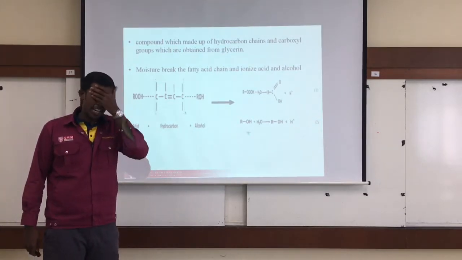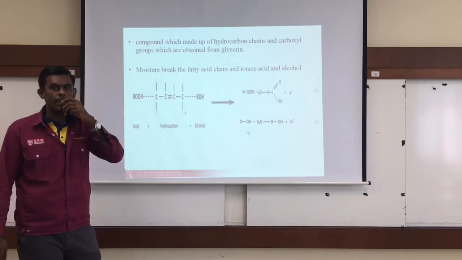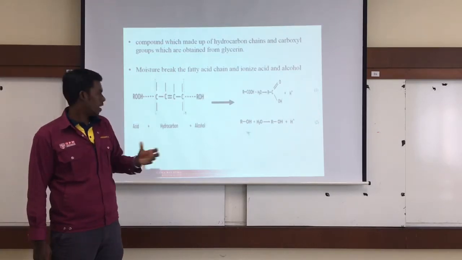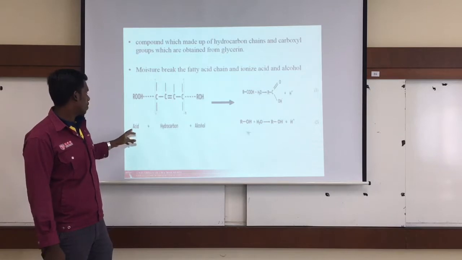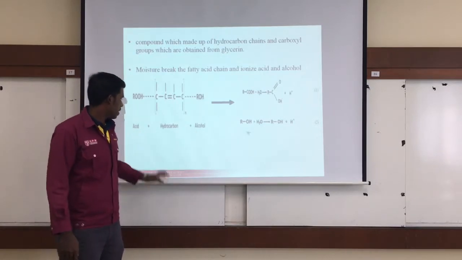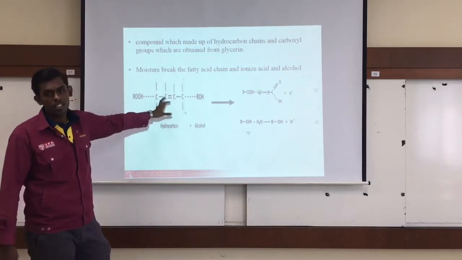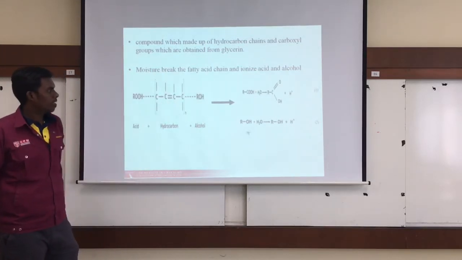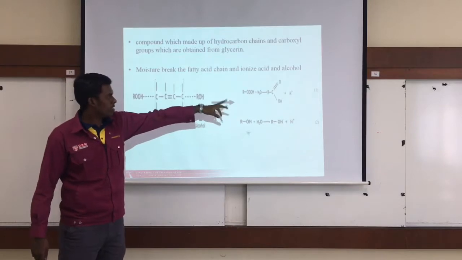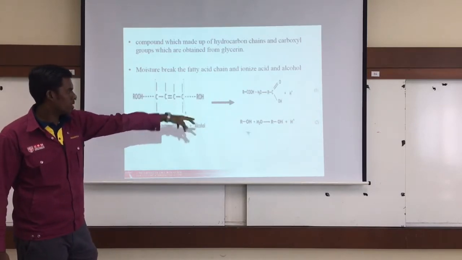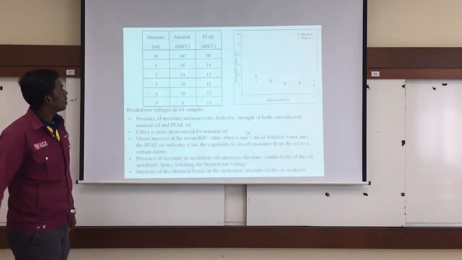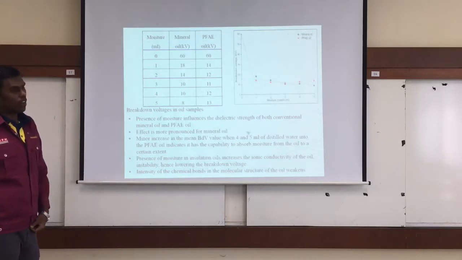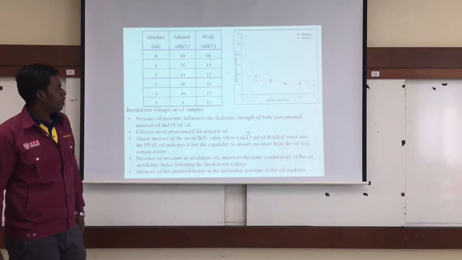When the oil is added into the transformer and the transformer is functioning, through aging we get the formation of acid and alcohol. These two will break down the unsaturated chemical bond of carbon, hydrocarbon, producing moisture, where you can see the OH and O in both these reactions. It is a small finding I found out in the papers.